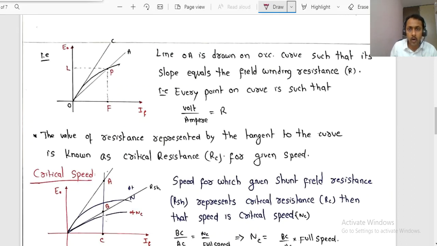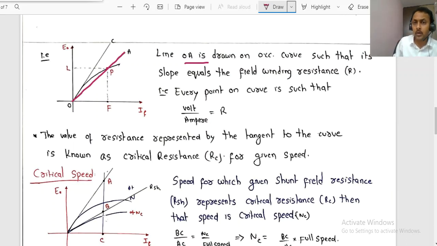Now draw a line OA onto the OCC curve, such that it cuts the OCC curve at some point P, with voltage by current value.